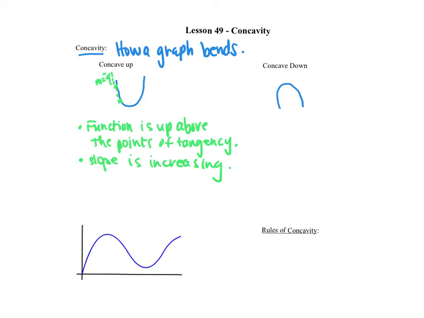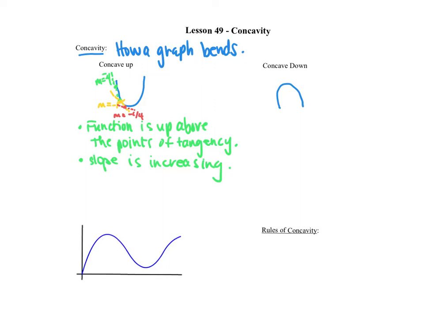If I find another point, so say this point here, I'll use a different color, and I find the point of tangency, again, my function is still up above the point of tangency. That slope looks like it's about -1. If I pick another point, say I pick this point, my point of tangency is still above that, and now I'll say my slope is -1/4. Just sort of making up these numbers as I go along.